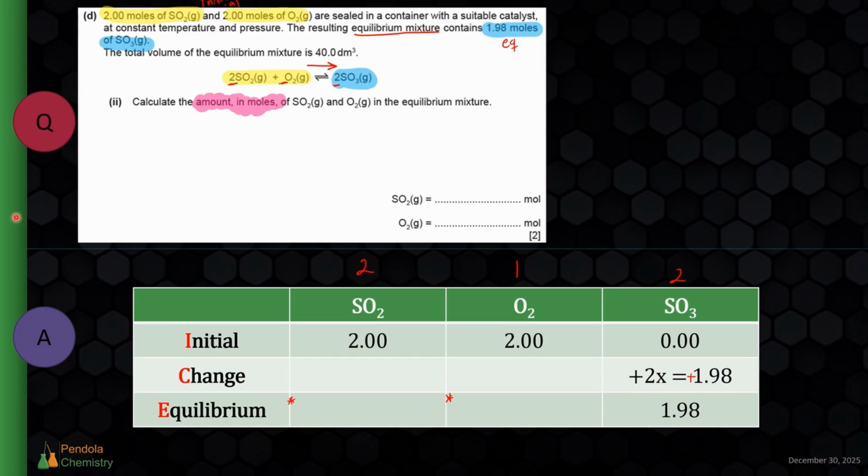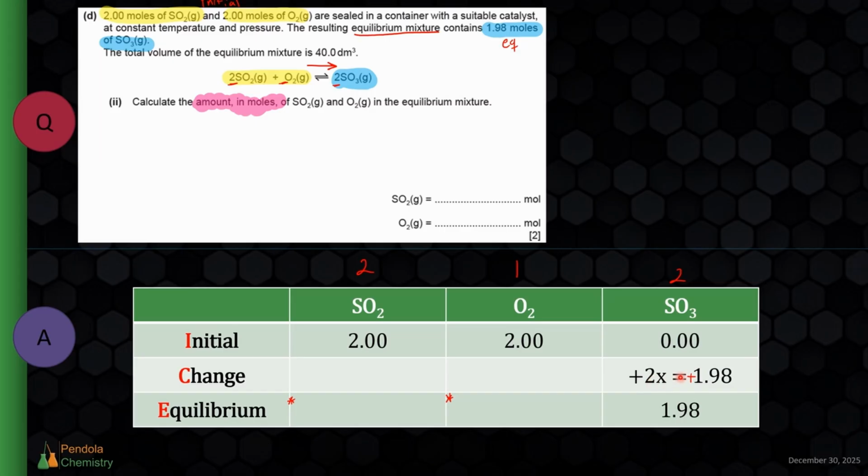So if we go back, we can set this positive 1.98 to be equal to positive 2x. Where does the positive 2x come from? The x just comes from a variable. We need a variable. We can call it x, we can call it y, whatever we want. We'll just use x because that's what we use in math. The 2 comes from the fact that the coefficient for SO3 in the equation is 2.